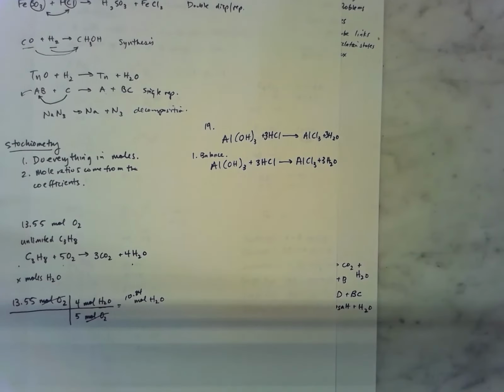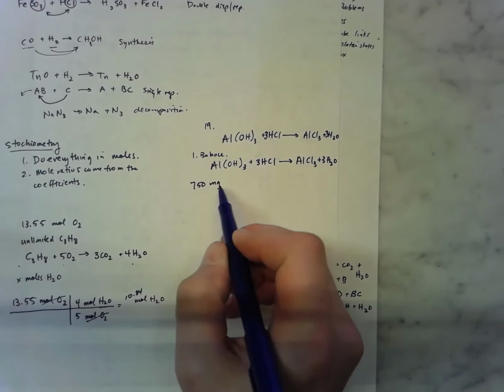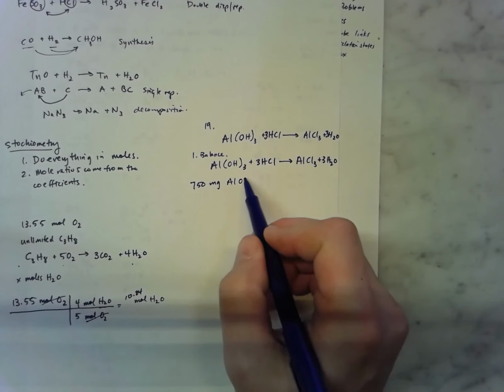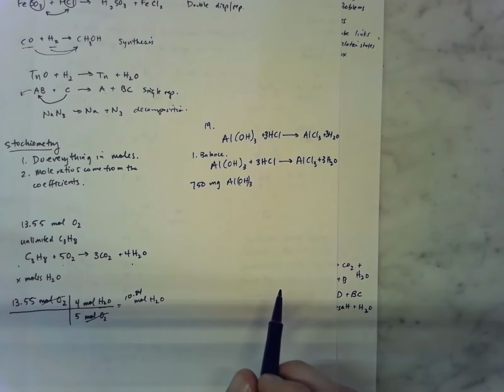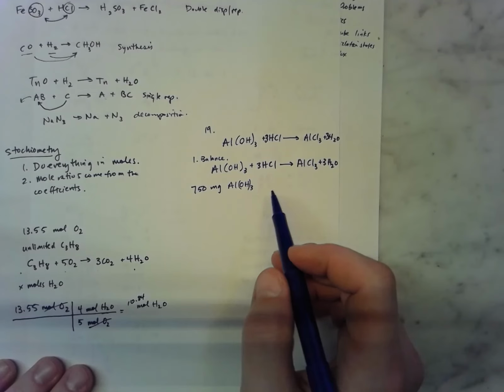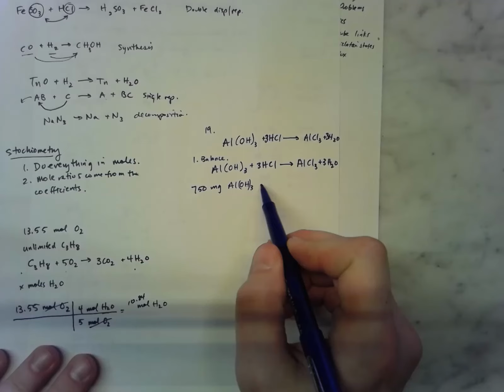All right, and what does he ask us? 750 milligrams of aluminum hydroxide are consumed. We're looking for, let's just do one of these for the sake of time, the mass of water produced.